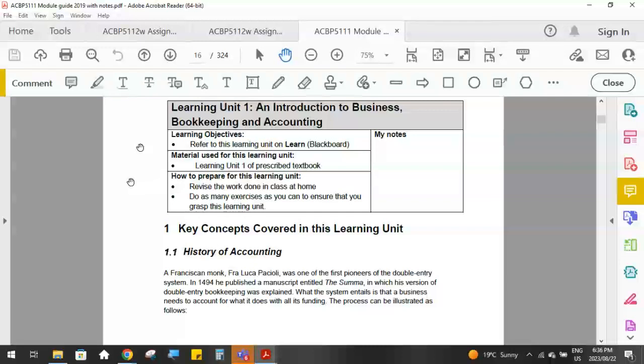So for Learning Unit 1, you've got to be able to provide a brief overview of the history of accounting. That is one of the learning objectives, so that could give you a theory question. And then in theme 2 for Learning Unit 1, outline the users and the uses of accounting information.